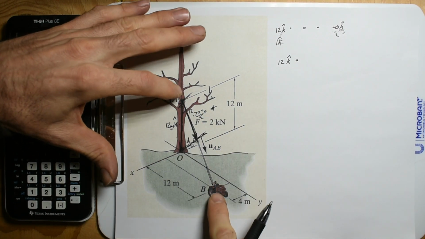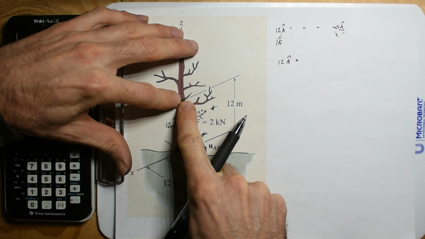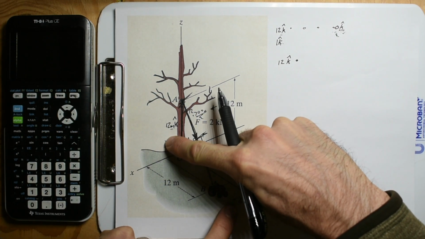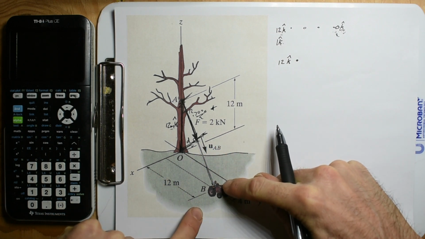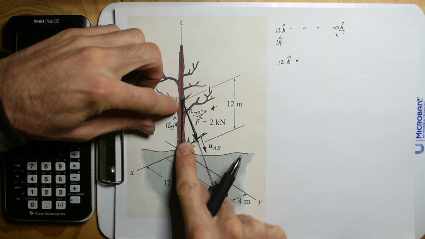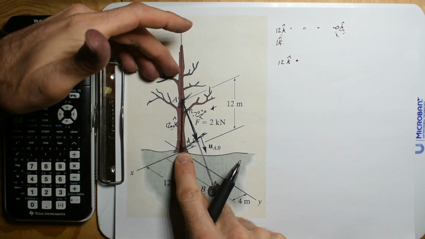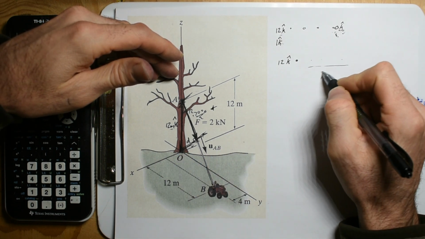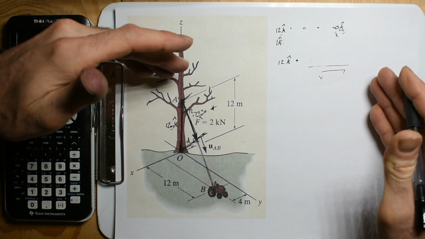This thing has 3 components. If I start up here, I'm going to be going in the x direction 4, in the y direction 12, and in the z direction 12. I'm going to have those three components, and I have to divide by the magnitude of them.